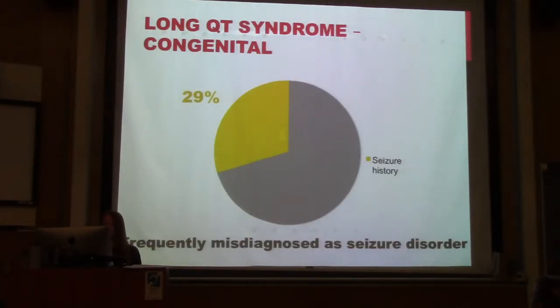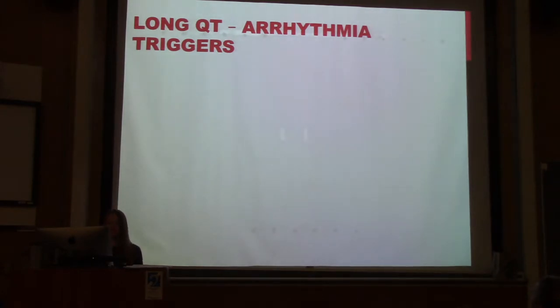Long QT syndrome is by far the most documented arrhythmia that can mimic seizures. In one study of individuals who were tested genetically for long QT syndrome, 29% of them had a seizure history. And for these patients, the history can be particularly helpful.